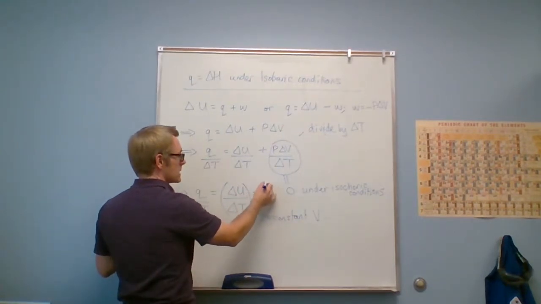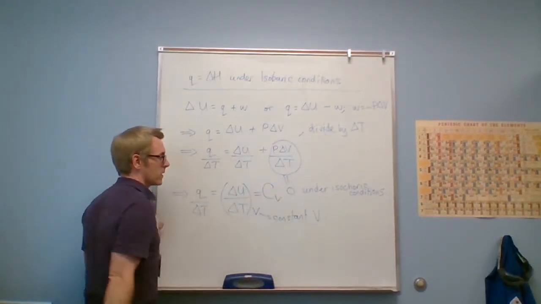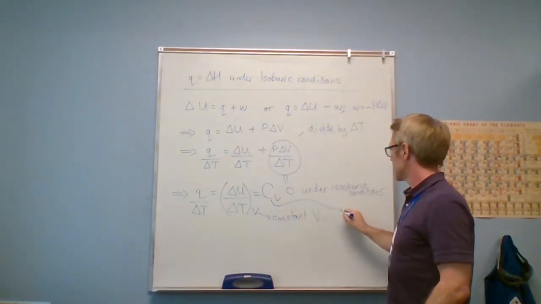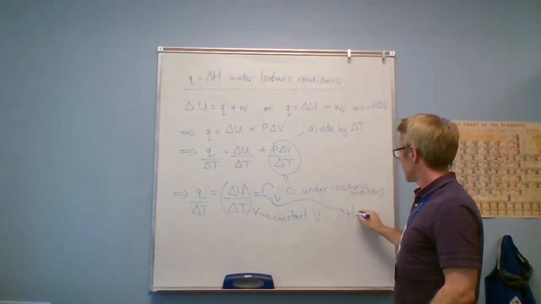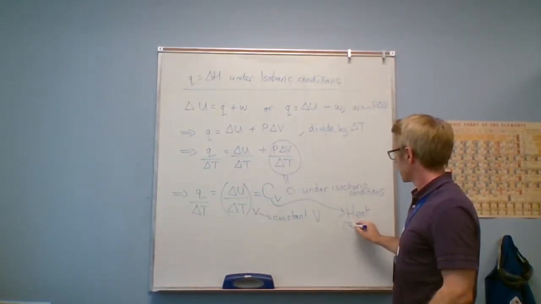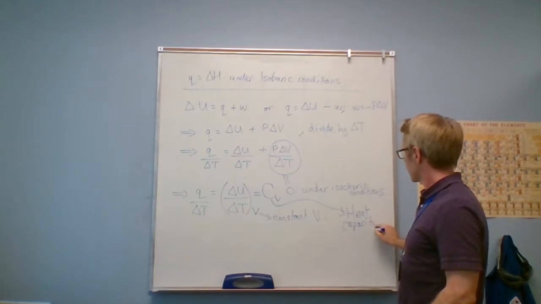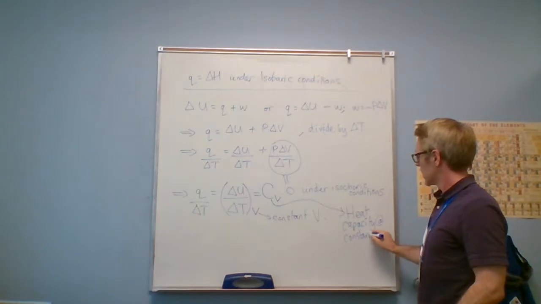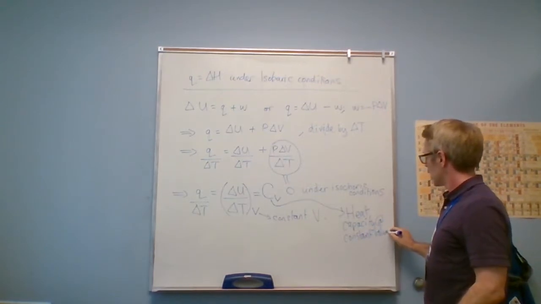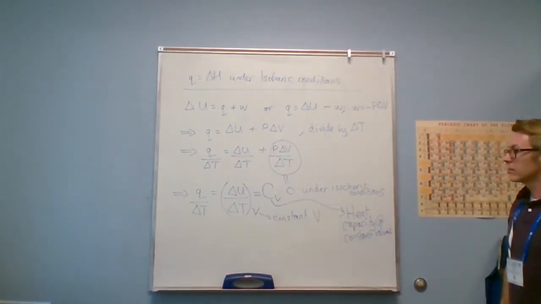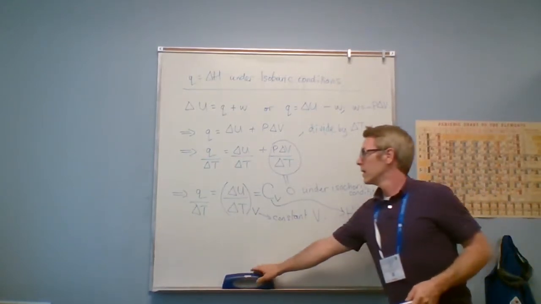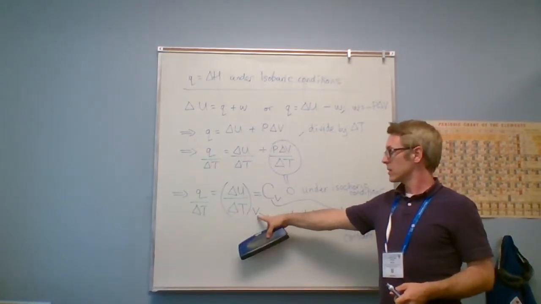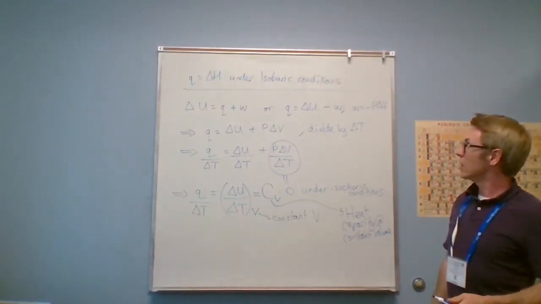This is known as capital C_V, and this thing here is the heat capacity at constant volume. So the ratio of the change in internal energy with temperature change at constant volume is the heat capacity at constant volume.